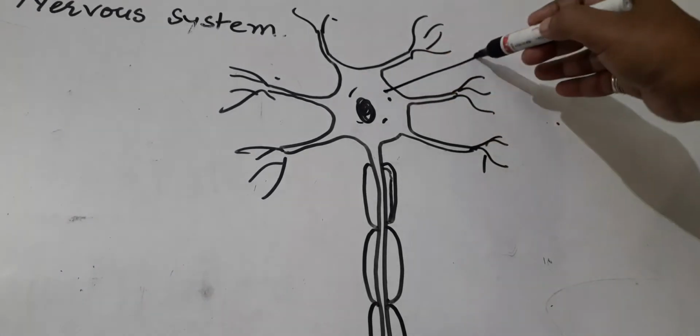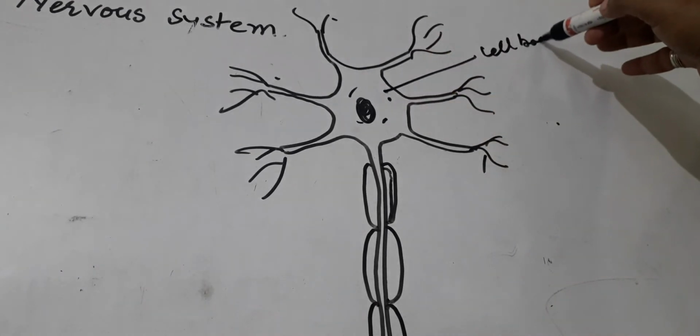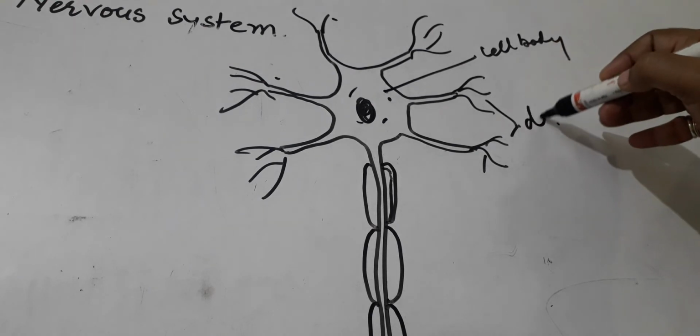This is the cell body. This is dendrites.